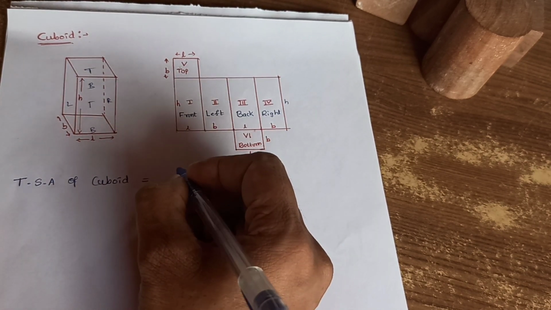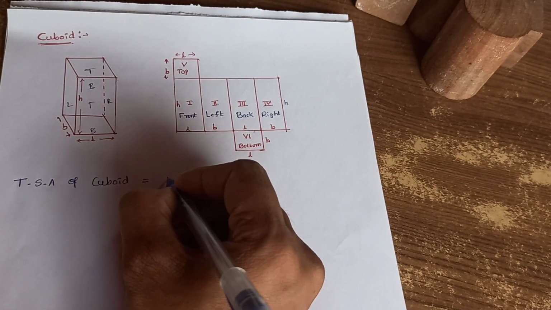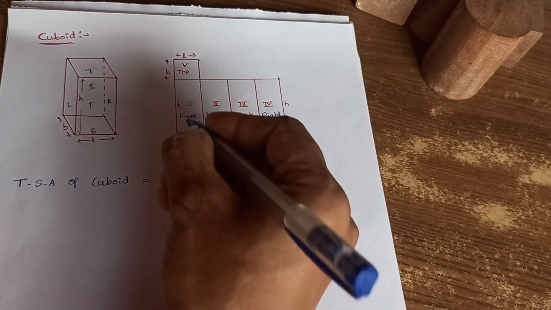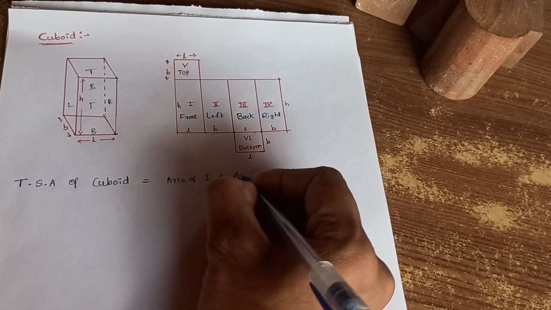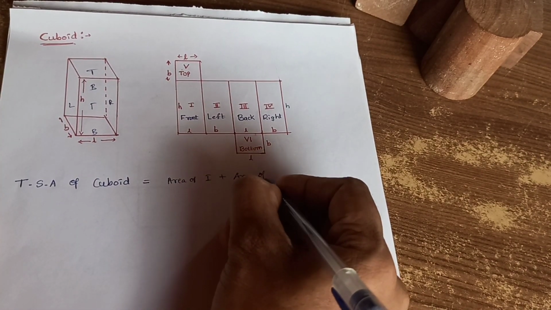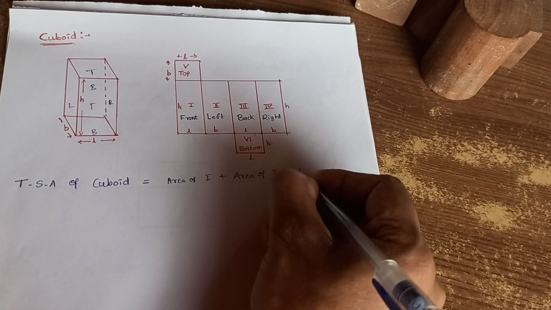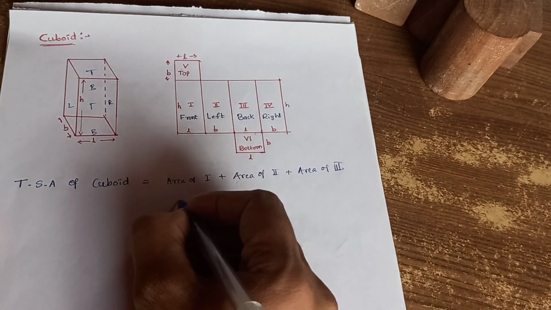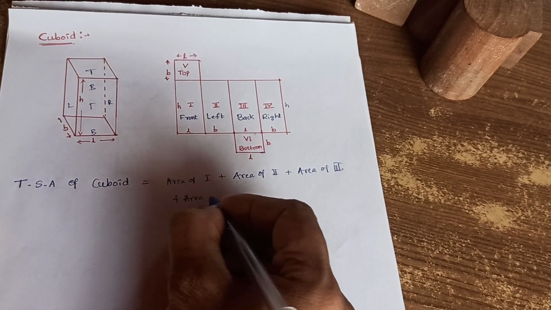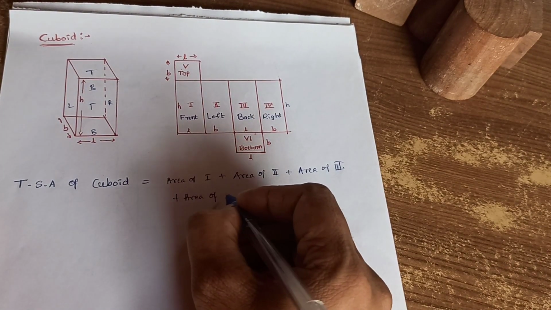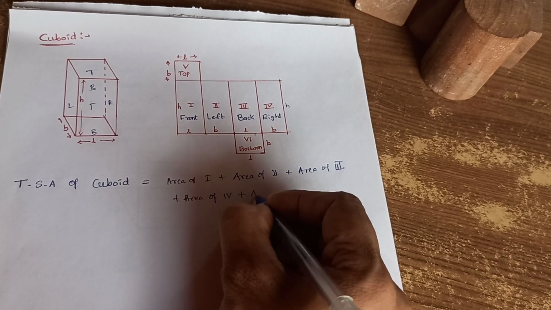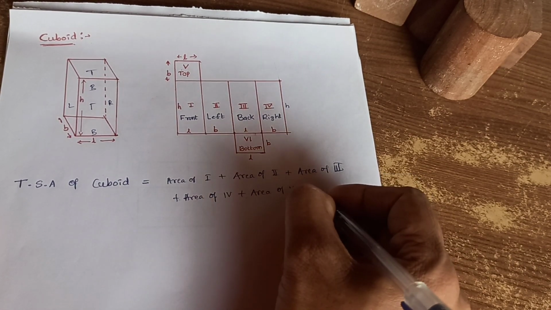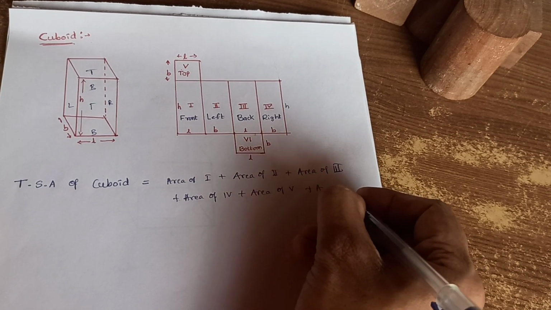it is L into H, the area of first one, area of second, plus area of third, plus area of fourth one, area of fifth one, area of sixth.